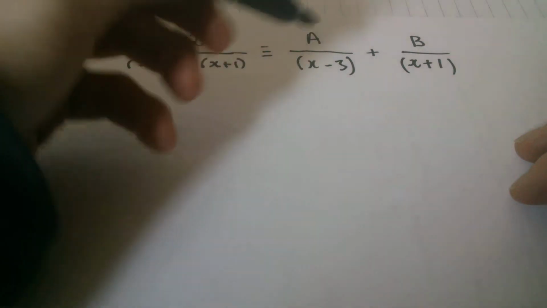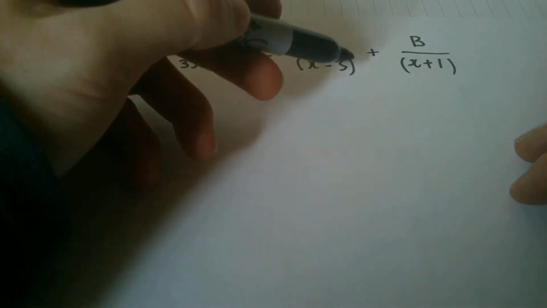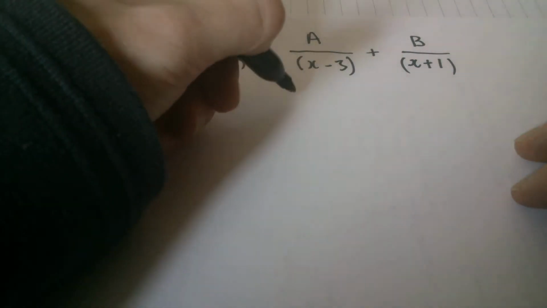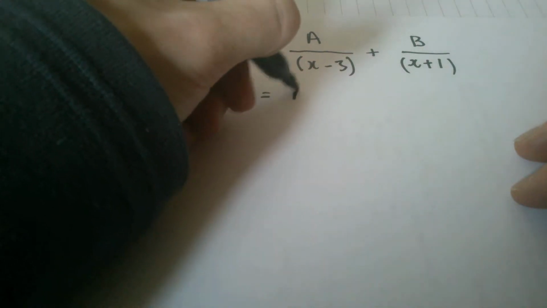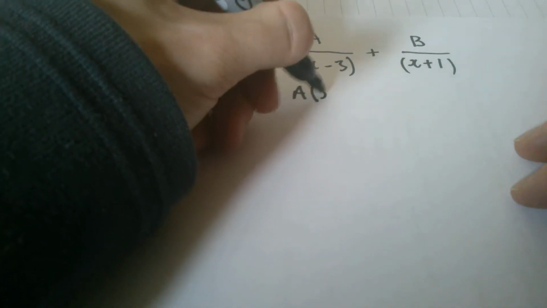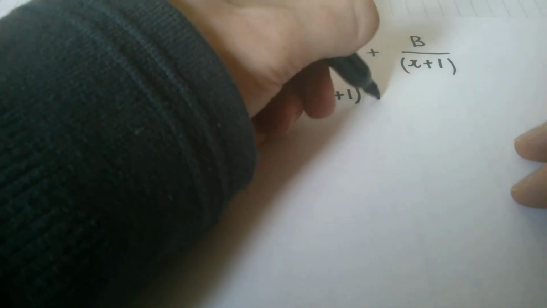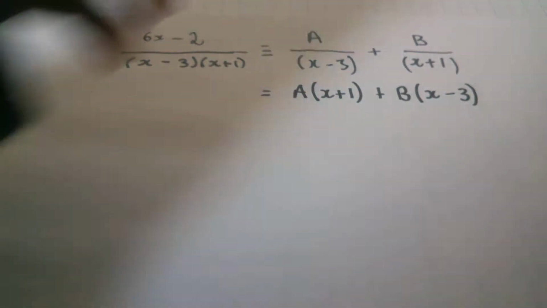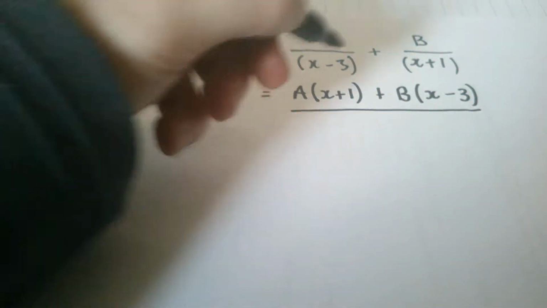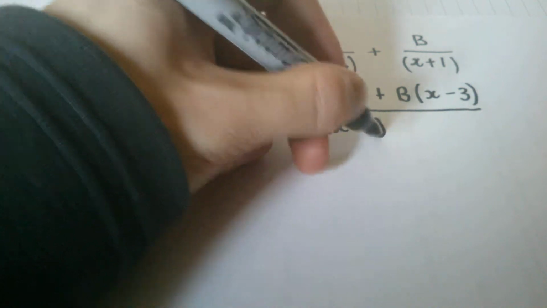Now on this side you multiply it out essentially to make it one fraction. So that's going to give you a times x plus 1 plus b times x minus 3, all divided obviously by x minus 3, x plus 1.